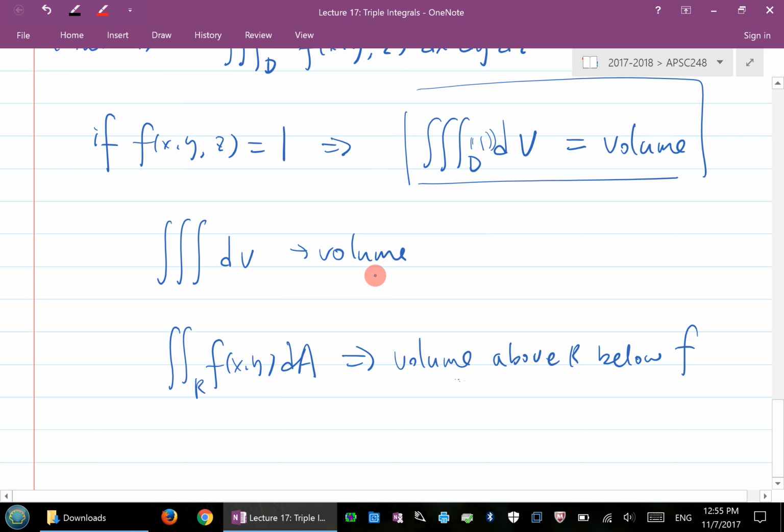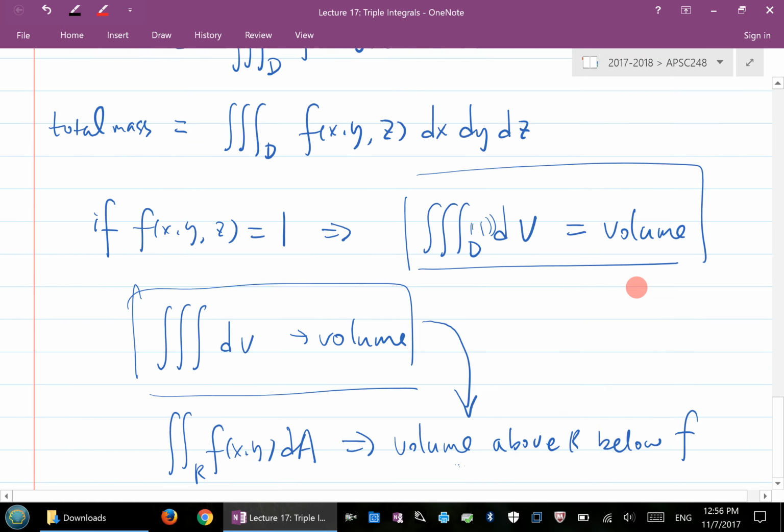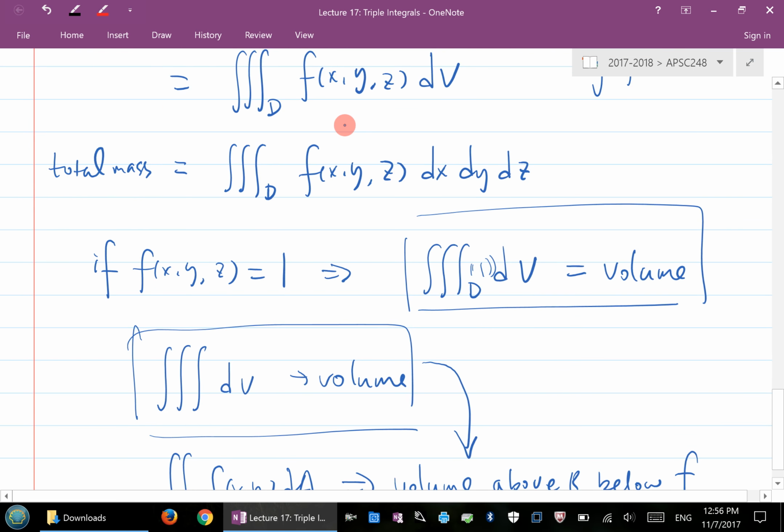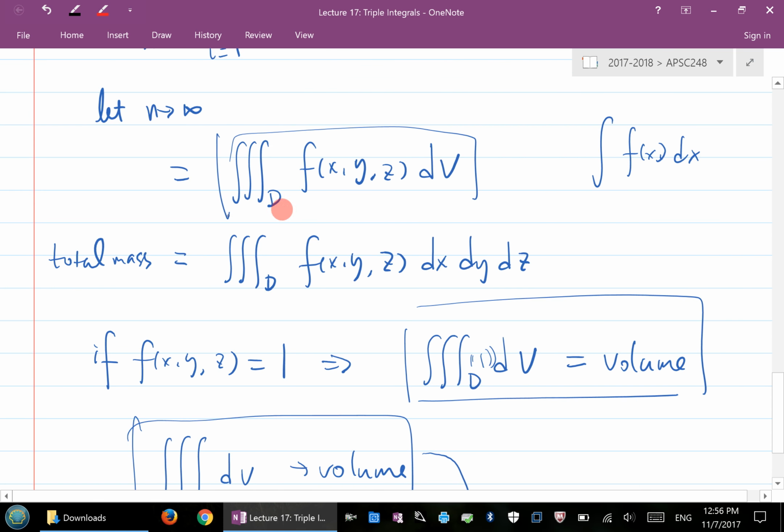They don't conflict. But this is a very special triple integral, right? Because the integrand here is 1. I'll show you how you can actually come from here to here. There's a very close connection from here to here. But a typical triple integral, like this one here, doesn't give you the volume. This is not a volume concept.